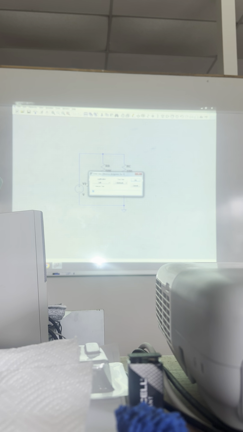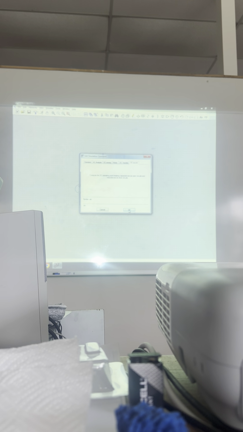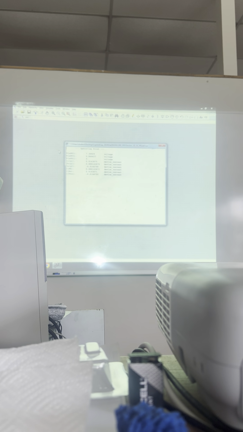This here, I'm going to call it VCC. VCC. I'm going to make 9 volts here. And for the simulation, just DC op for now. Okay. Stick it right here.